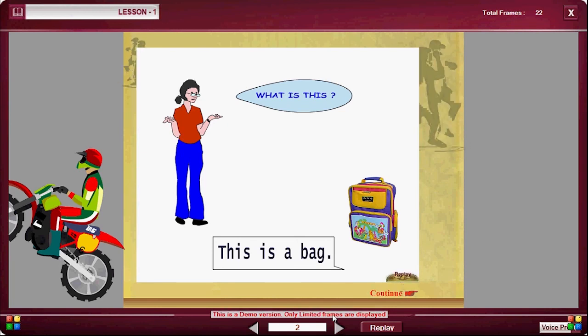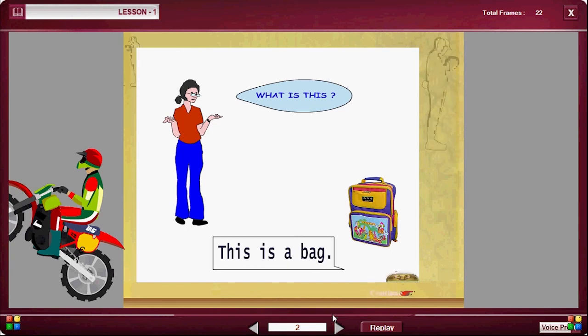We have given this one because of a particular aspect. We have seen in most of the schools this being taught like, what is this? Or what is this? This is a bag. Wrong pausing.